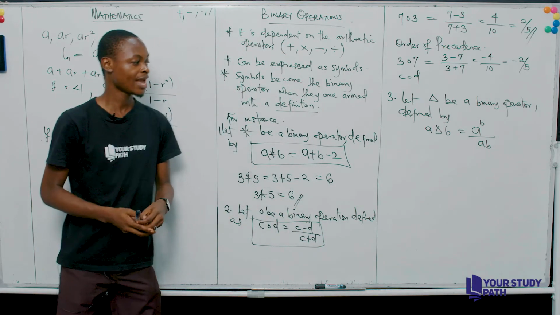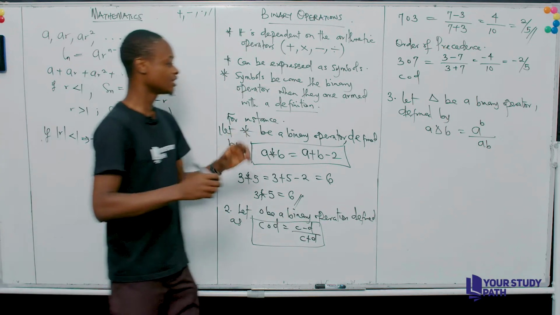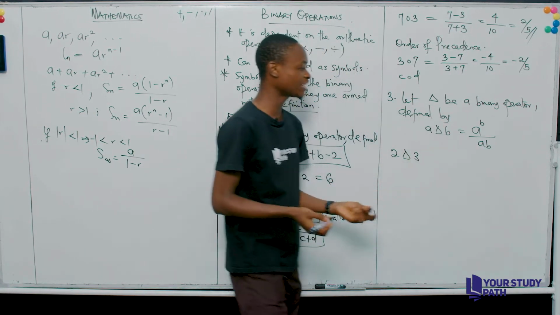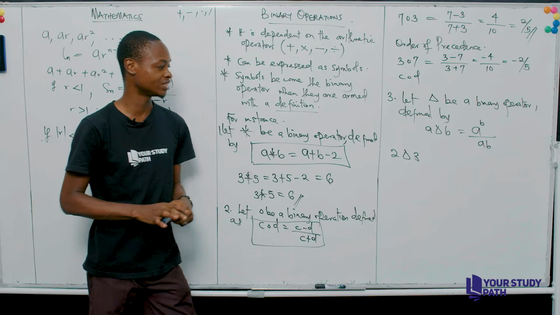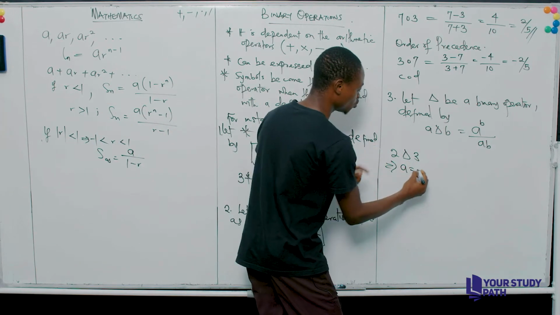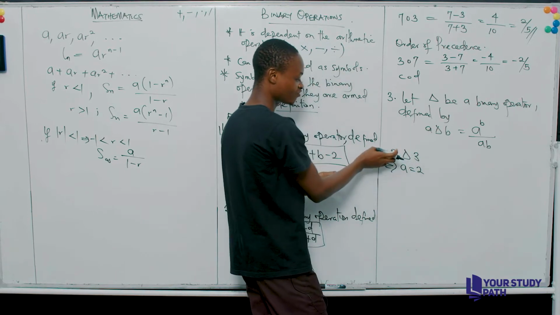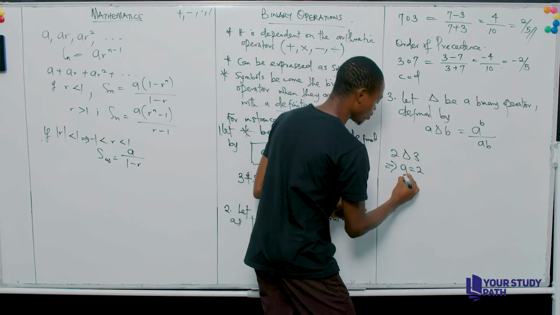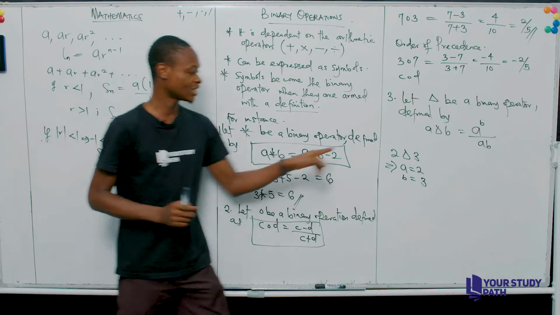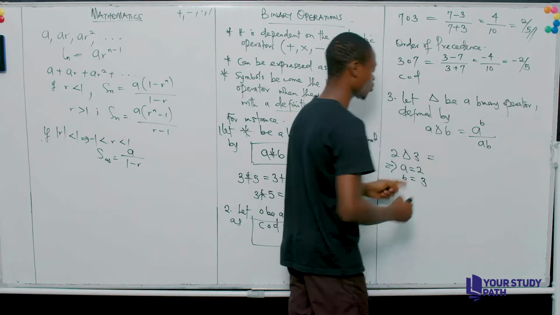Let's see this. If you have this as your definition, let's now look for 2 triangle 3. The very first thing is you have to compare the order of precedence. 2 triangle 3 implies that A is in fact 2 by comparison, first, and B, which is second, is 3. So if this is the case, 2 triangle 3 will now be equal to what?